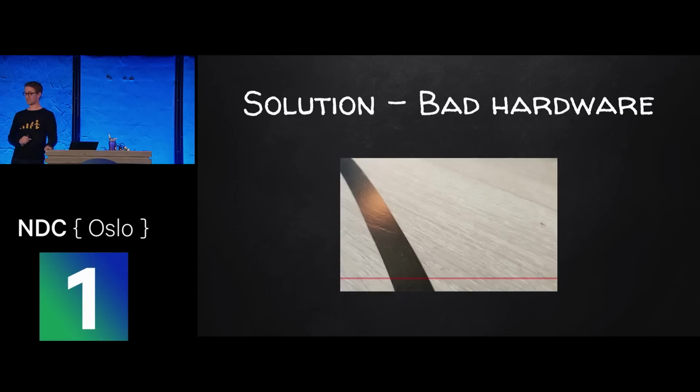Okay, so now we have a better model. But let's look at the hardware. The camera, I said before, maybe the camera doesn't see all of the road in front of it.